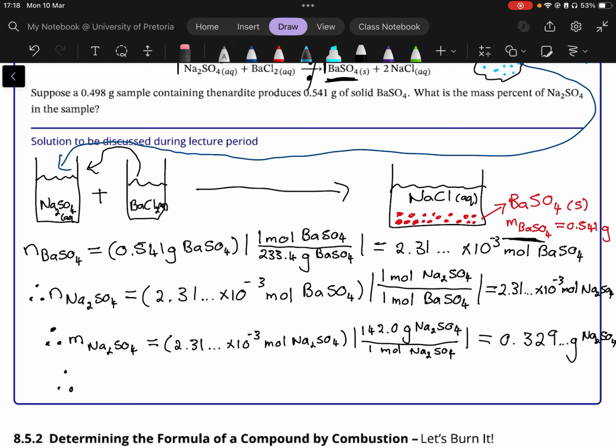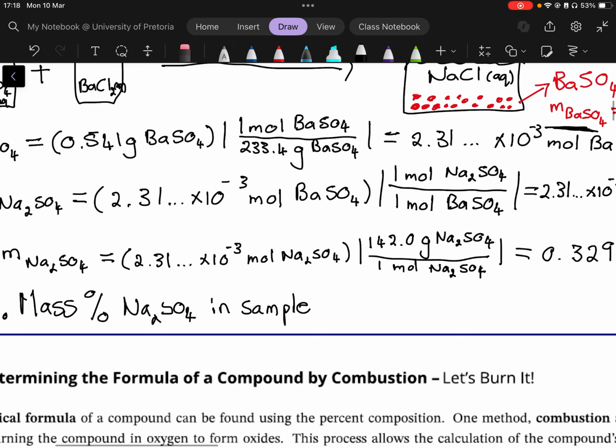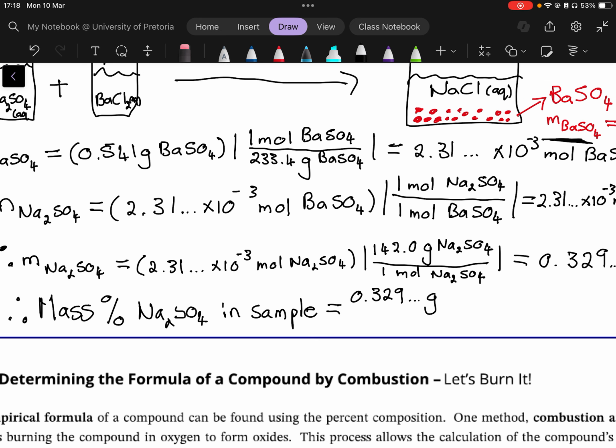So therefore, mass percent sodium sulfate in sample. My pen is running out of power, so I need to finish. This is equal to 0.329, etc. gram divided by 0.498 gram sample.